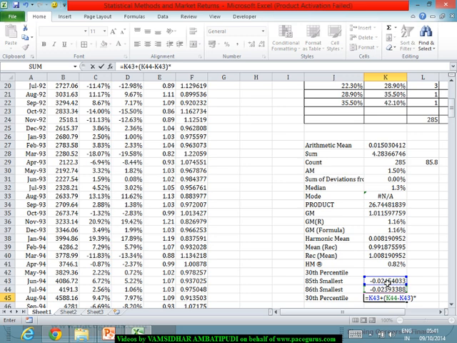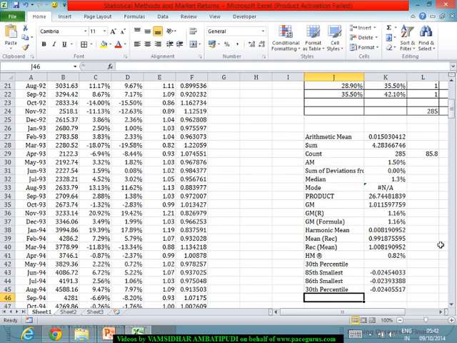That gap I am multiplying with 0.8, because I want not the 86th but only the 85.8th. So somewhere in between 85 and 86, but 80% away from 85 and only 20% away from 86. So that's the reason I'm taking 85 plus 0.8 of it, which is giving me minus 0.024. That is what I call the 30th percentile in my data.